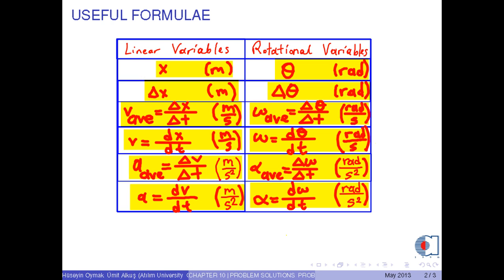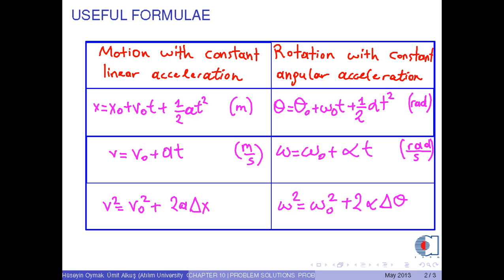As a next topic, let's establish the analogy between the motion with constant linear acceleration and rotation with constant angular acceleration, which is shown in this table. Angular position or angle is found by this formula, where theta 0 is the initial angle and omega 0 is the initial angular speed.